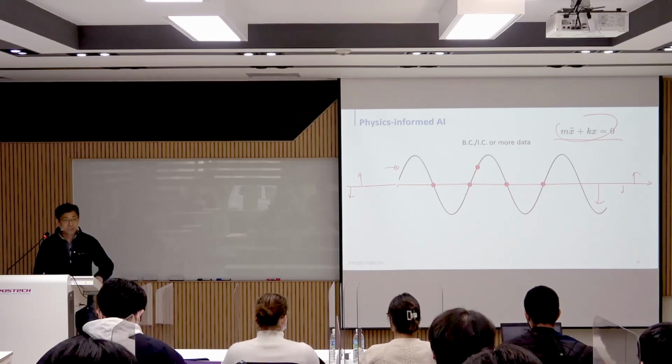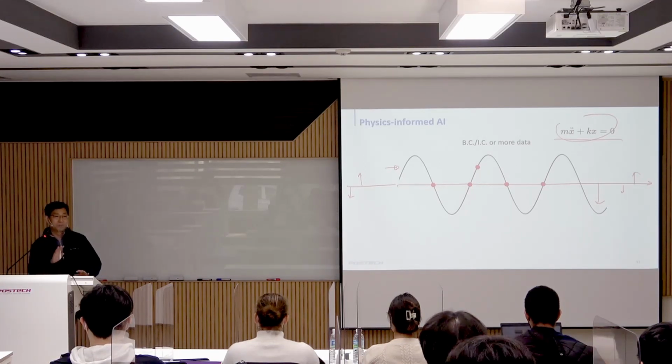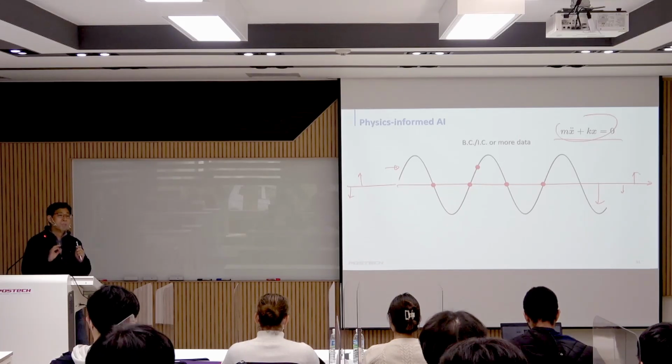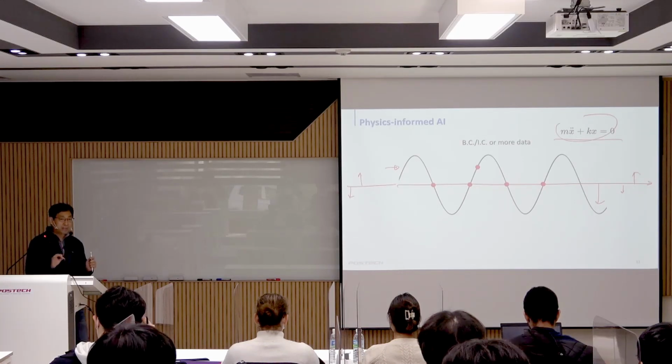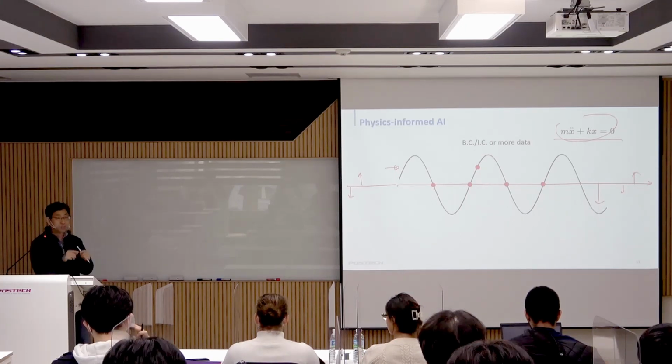Does it make sense? I'm trying to convince you, or give you the motivation, that even though we learn a lot about data-driven approaches, it is still better and good to have knowledge of physics or prior knowledge and combine them together.